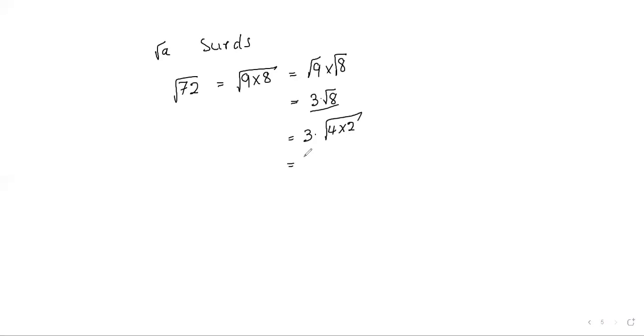This is 3 times the square root of 4 times the square root of 2. That will be 3, the square root of 4 is 2, times the square root of 2. This gives us 6 root 2.